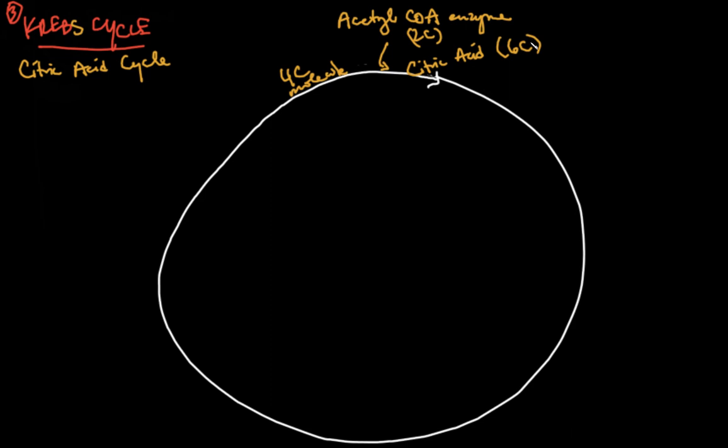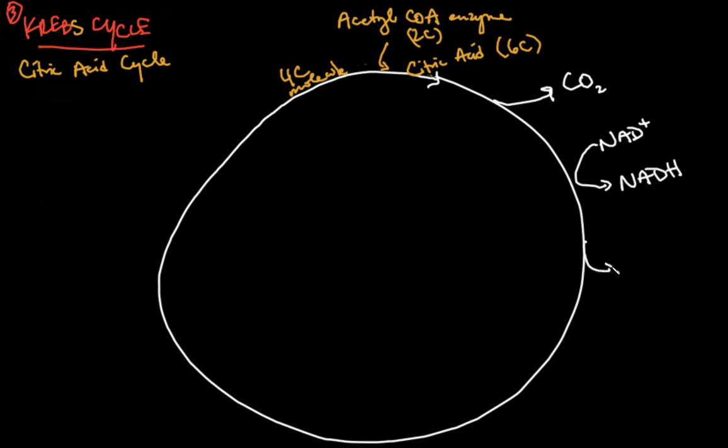That citric acid, the 6-carbon molecule, goes through a series of reactions, one of which releases CO2 to the atmosphere. It also reduces NAD+ to NADH. If we lost a carbon, we go from 6 down to a 5-carbon molecule.